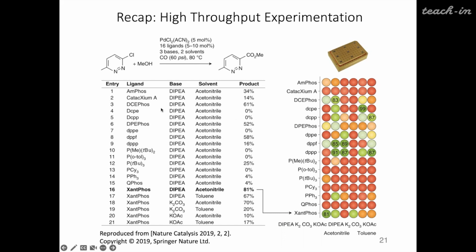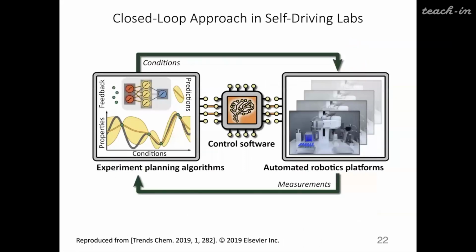And in such a way, we can vary many different reaction conditions and ligands and search for combinations of reaction conditions and ligands that allow us to get the highest yield. And this closed loop approach is indeed the foundation of self-driving labs.